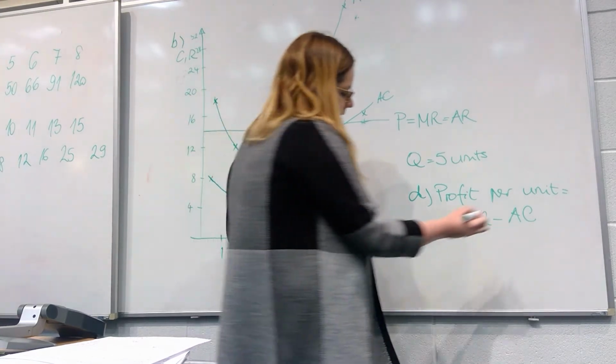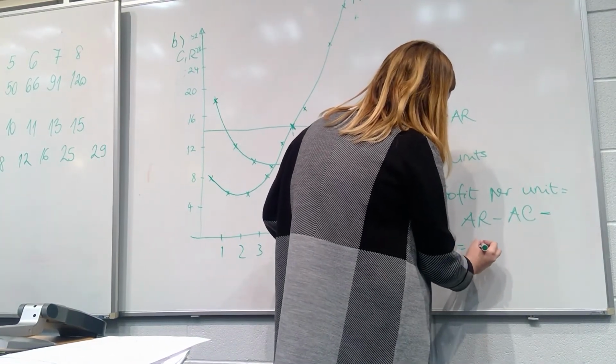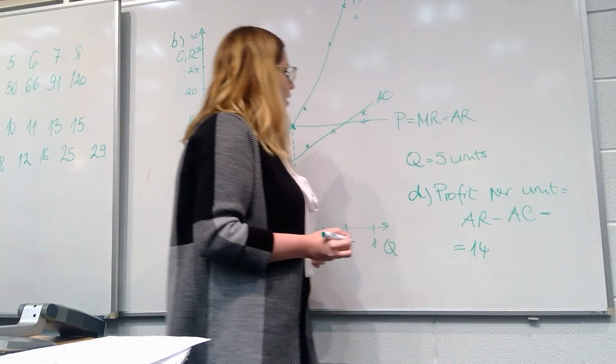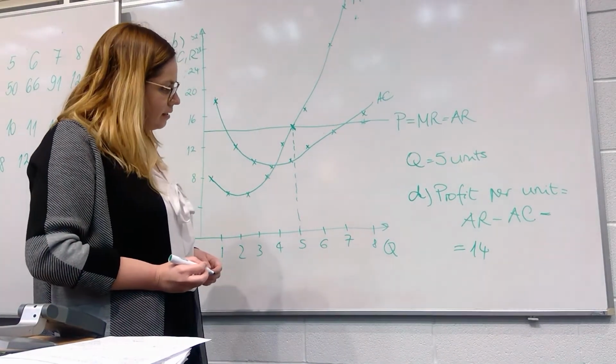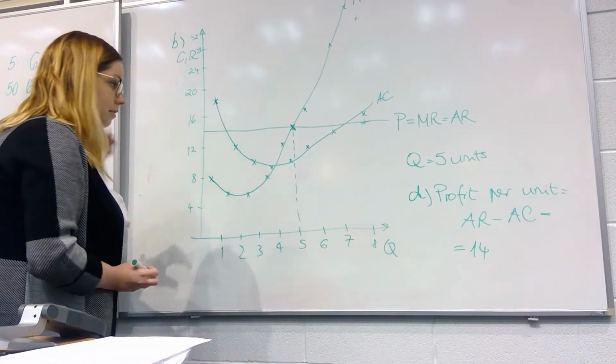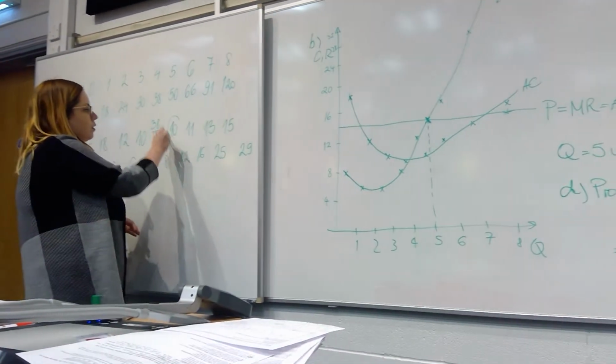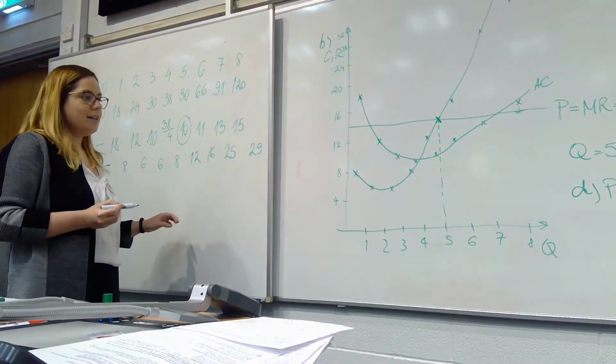So in our case, our average revenue is 14. It is given by price as well. And our average cost at a quantity of 5, we have that from the table, is equal to 10.